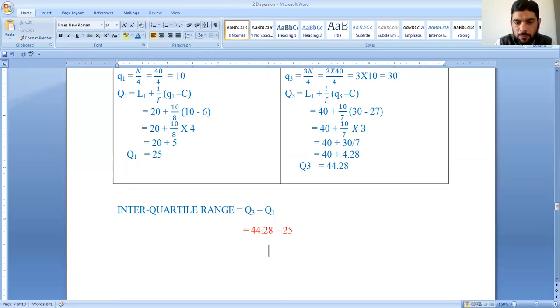We subtract: 44.28 minus 25 is 19.28. This will be the answer.